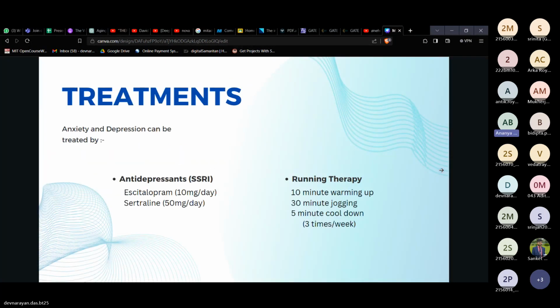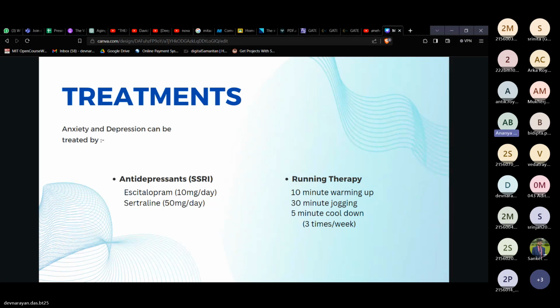For this one, see, the antidepressants line and the running therapy line are not in line, firstly. Secondly, when you are putting comparable studies or two different studies, you can also use a table so that it looks better and there's not a lot of random white space in between.